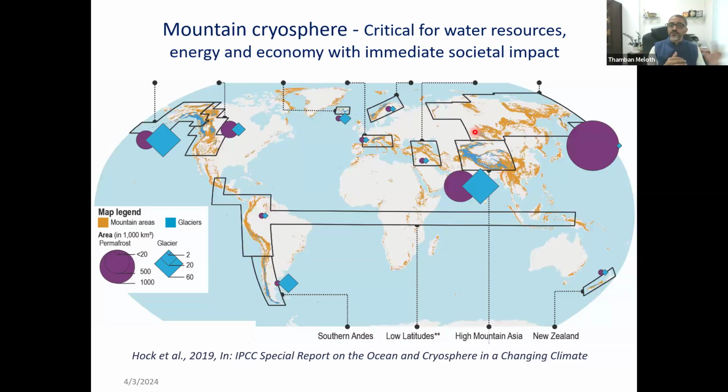Of course, you also have some mountain glaciers in some of the northern hemisphere. But the most dominant and largest change we have seen is in high mountain Asia, in this part of the world, which also has a very large population depending on it.